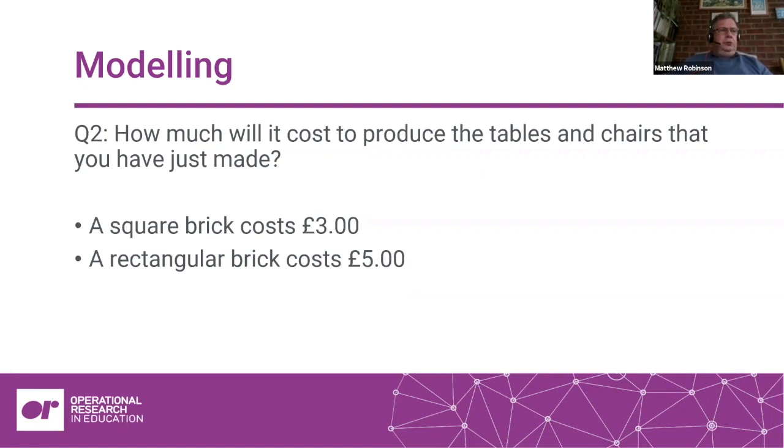And the fourth option is 3 tables and no chairs. So now we've got the cost. We understand what the options are based on our raw materials, how many tables, how many chairs we could build. I've then given you some more information, which is how much each of the raw materials cost, so how much each square brick costs, how much each rectangular brick costs. So you've now got an idea of the cost.